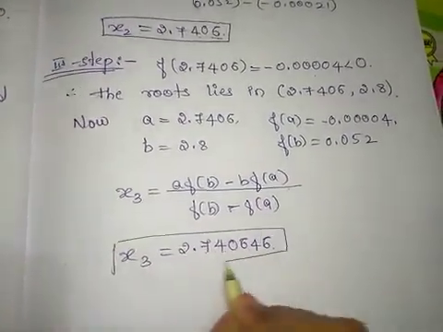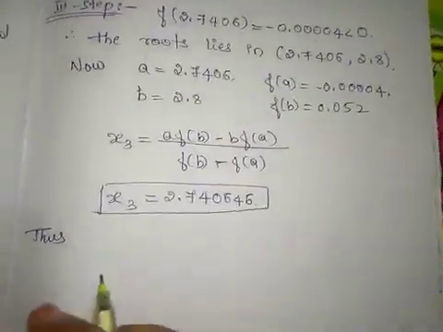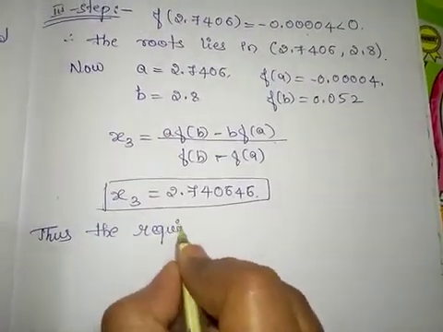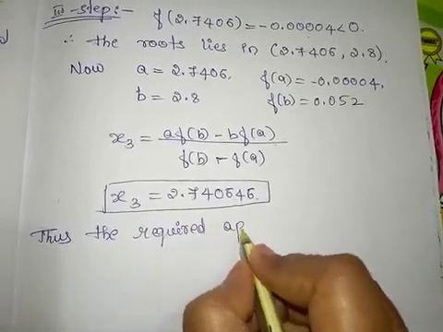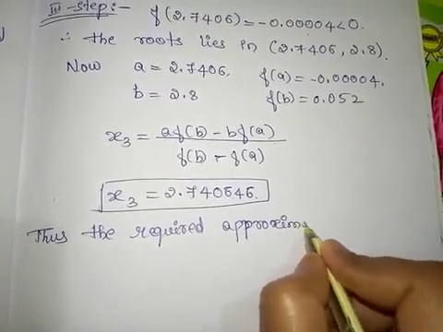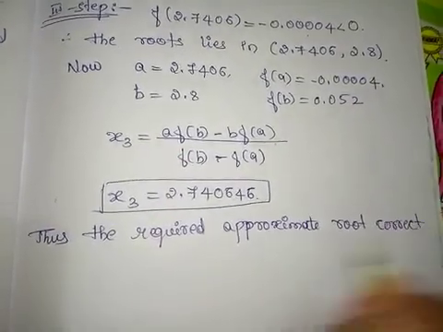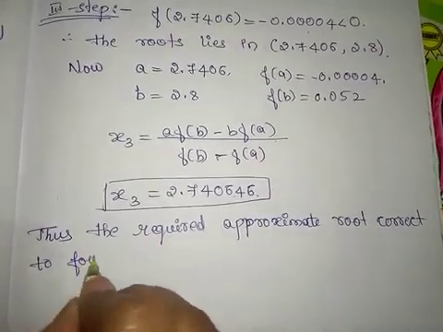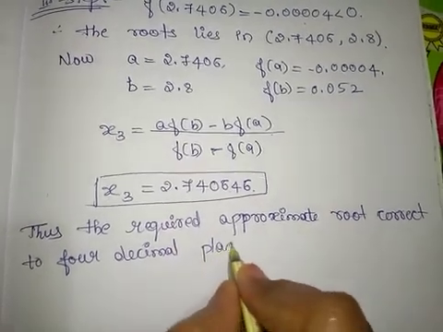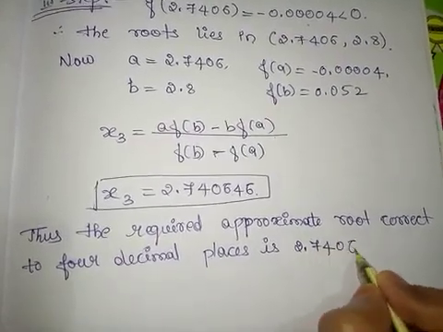So that thus the required approximate root correct to 4 decimal places is 2.7406.